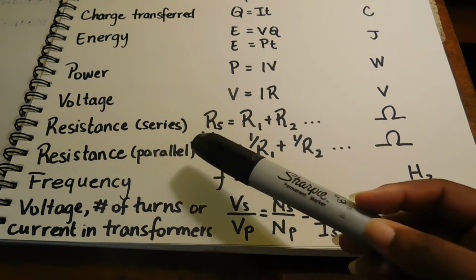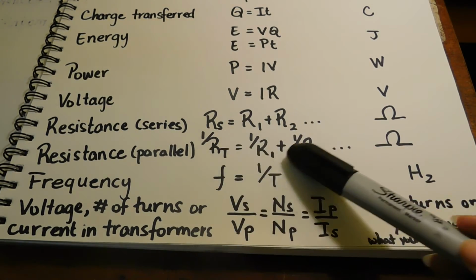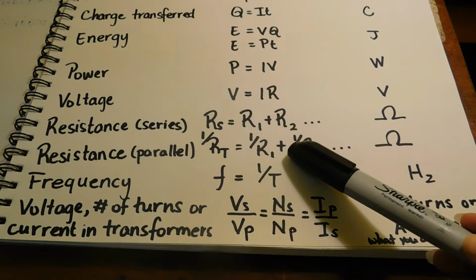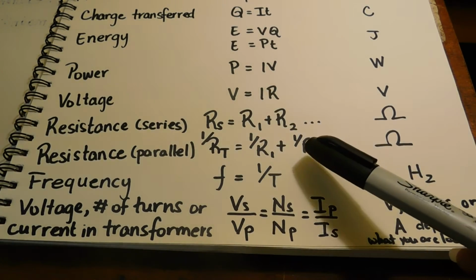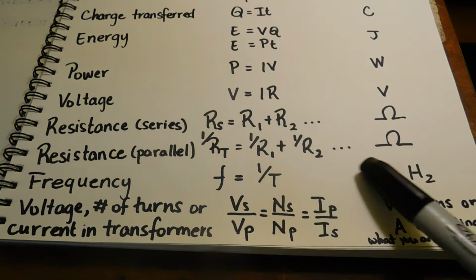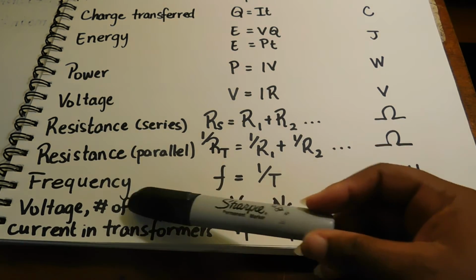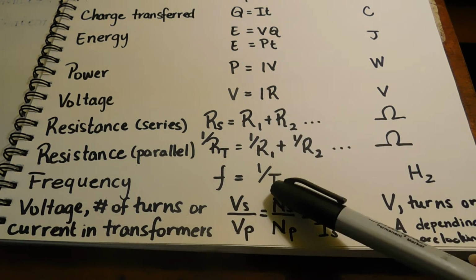Please be mindful that you have 1 over R here. This is more tedious to work out than the one on top. You have to know a little something about how to add fractions, and the unit of this is in ohms.